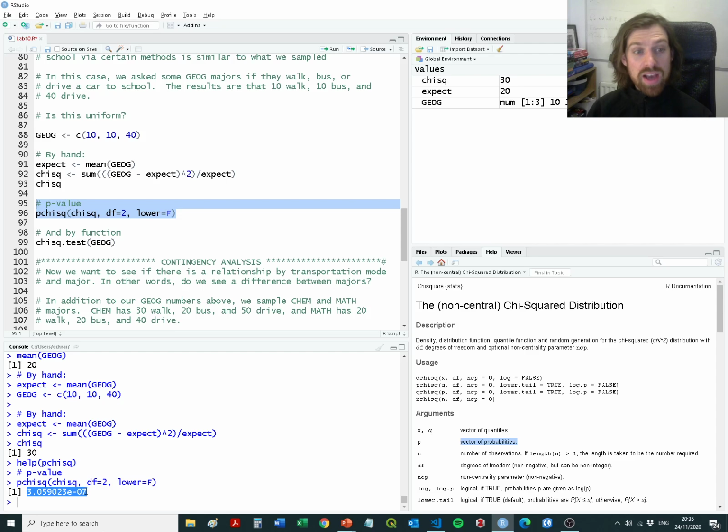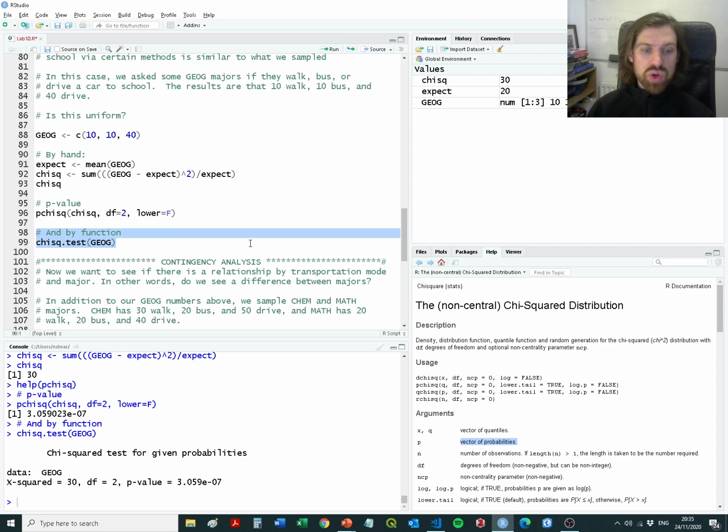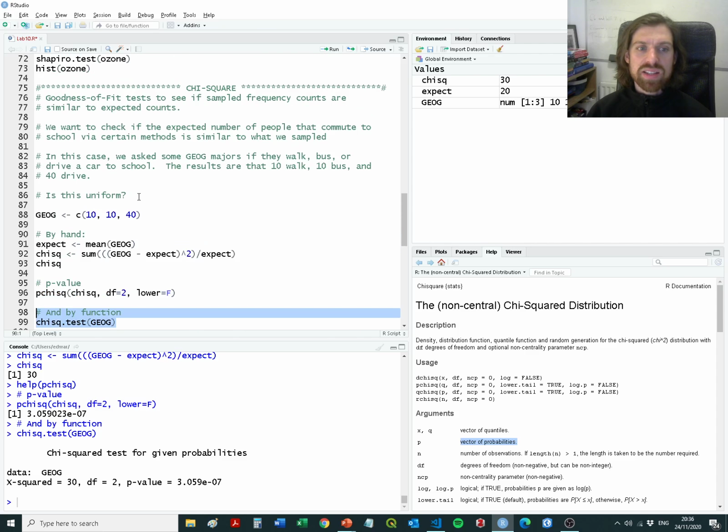So it's highly, highly significant, which indicates that we should reject the null hypothesis. There's enough evidence at the 95% significance level for us to reject the null hypothesis and accept the alternative hypothesis, which in this case is that these data aren't uniformly distributed.